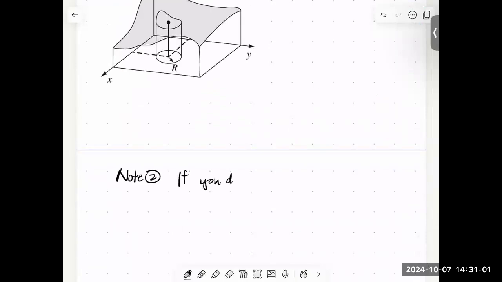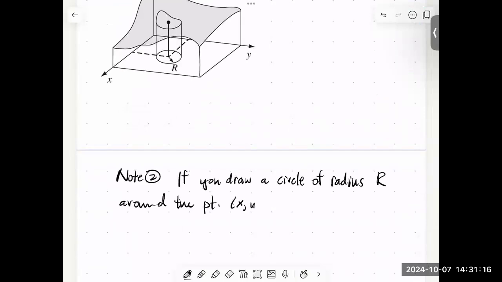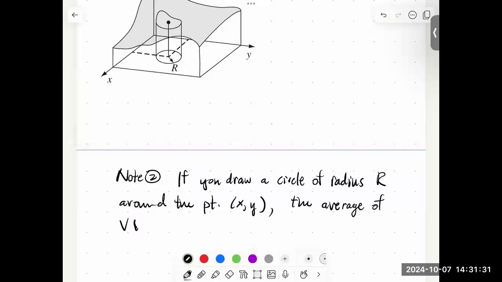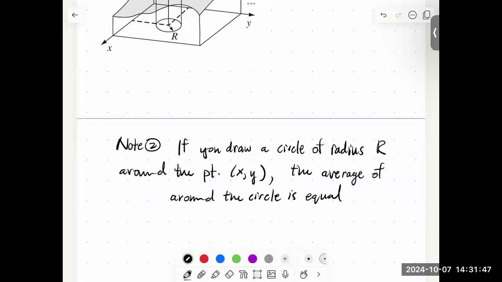If you draw a circle of radius r around the point xy, then the average of v of xy around the circle is equal to v at the point xy.